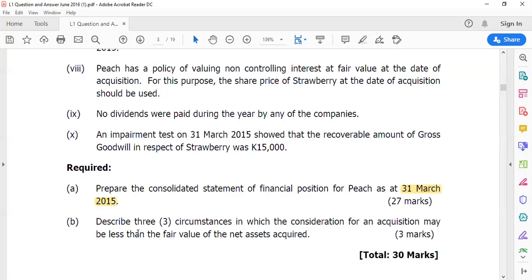So now this question says you have to describe 3 circumstances in which the consideration for an acquisition may be less than the fair value of the net assets. So what can make you sell? What made that woman in that video sell the farm at a price lower than the original price of the assets?